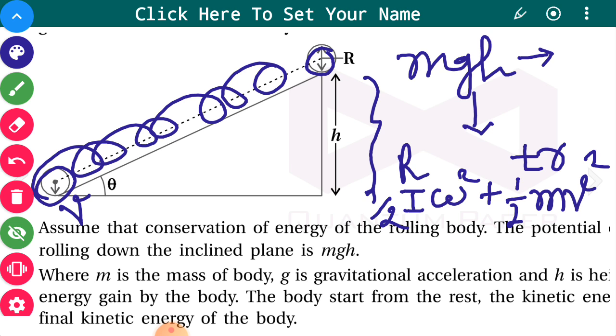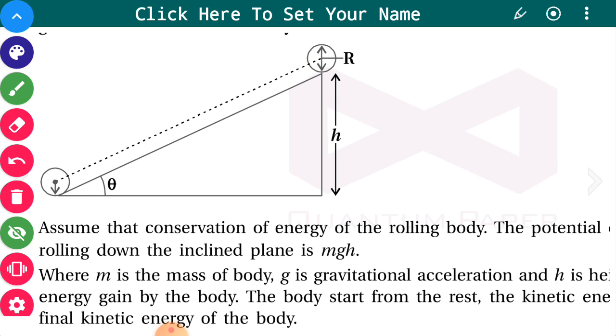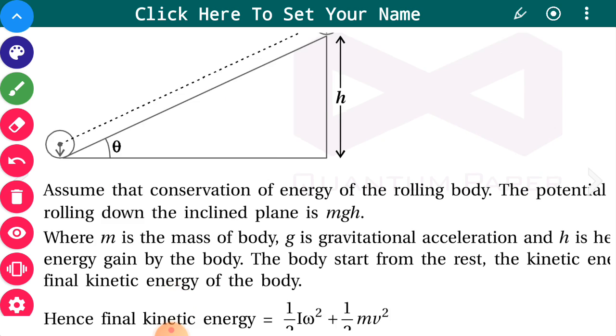So 1 half I omega square is the rotational kinetic energy and 1 half mv square is the translational kinetic energy at the bottom. Here omega is the final angular speed at the bottom of the inclined plane. Okay, so this way it is calculated. We have calculated already.